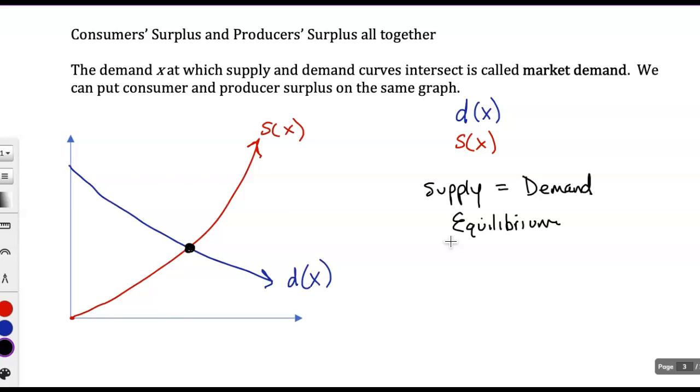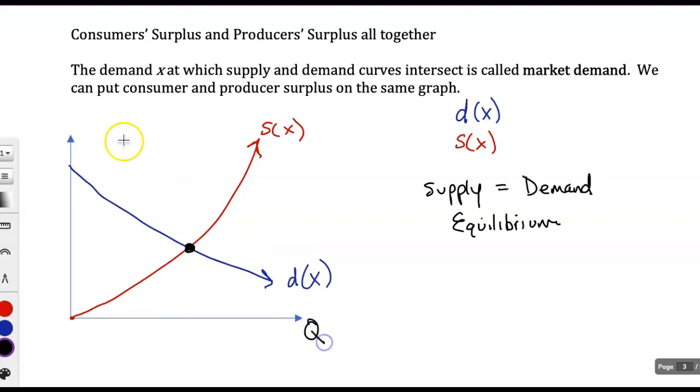So the supply and the demand are equal. Buyers willing to buy and sellers willing to sell are at the exact same place. Okay? It's a perfect equilibrium. The market is running as perfectly as it can. Okay? So when supply is equal to demand, we are at what's called equilibrium.